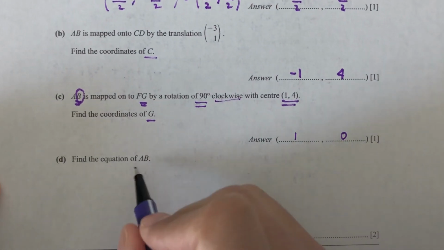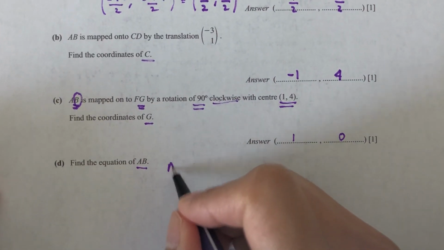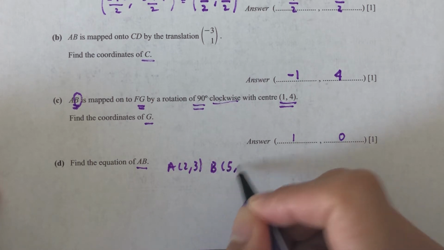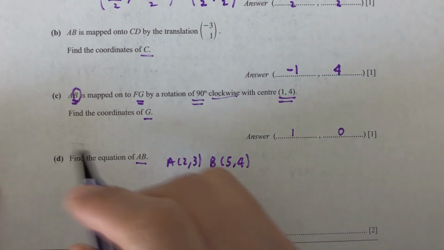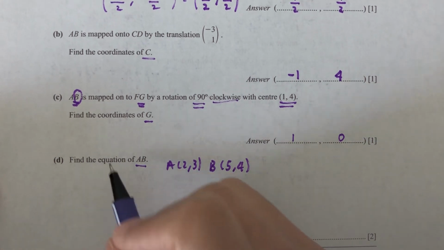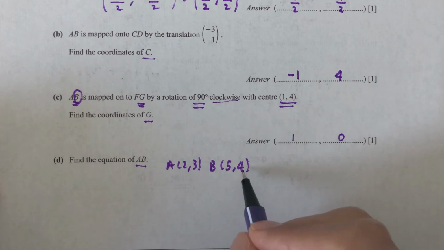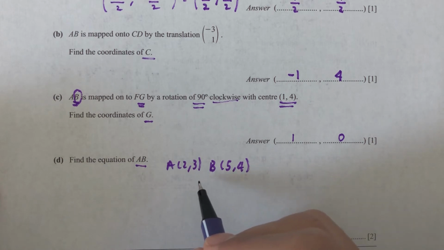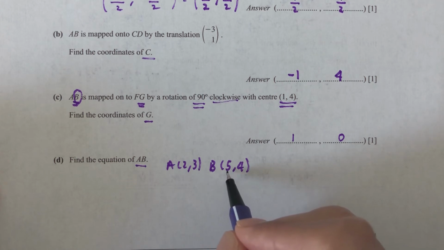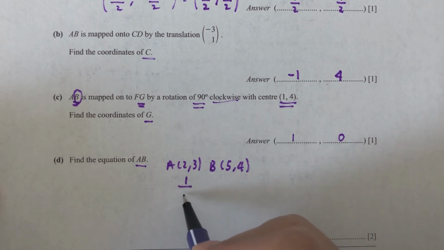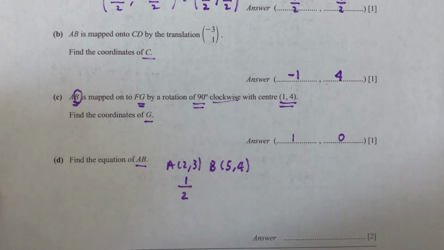Okay, so now we have to find the equation of line AB. So we have A as (2, 3) and B as (5, 4). We have to find the gradient first, which is 4 minus 3 over 5 minus 2, which is 1 over 3. That's the gradient.